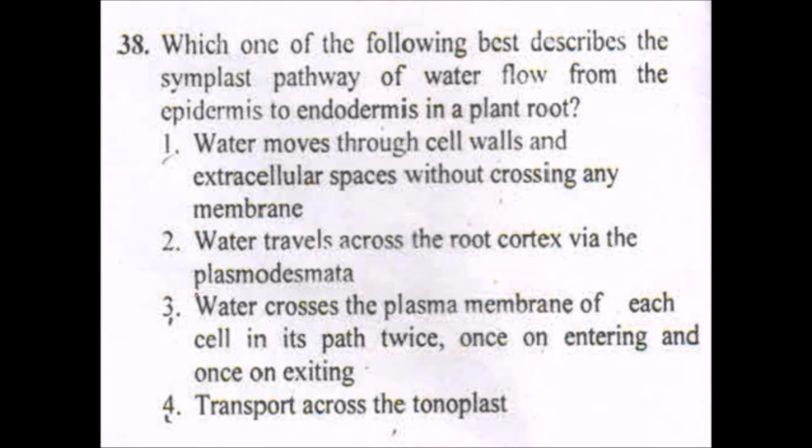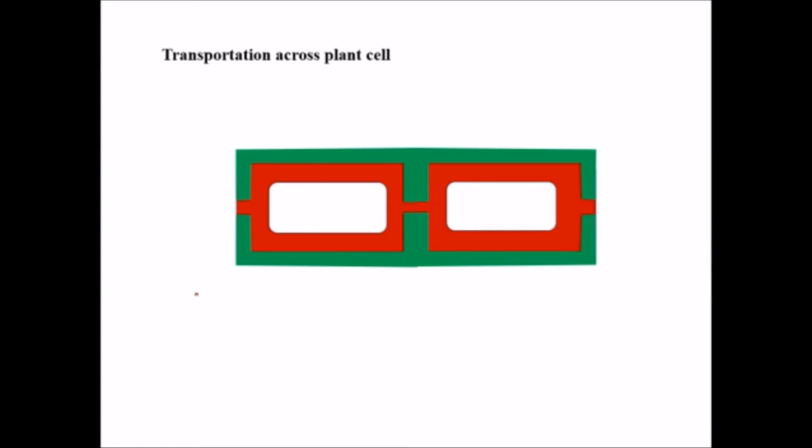Next question is: which one of the following best describes the simplest pathway of water flow from the epidermis to the endodermis in a plant root? Before that, let's have a look at the simplest pathway. Suppose this is the plant cell, and the simplest will follow the path across the plasmodesmata like this.